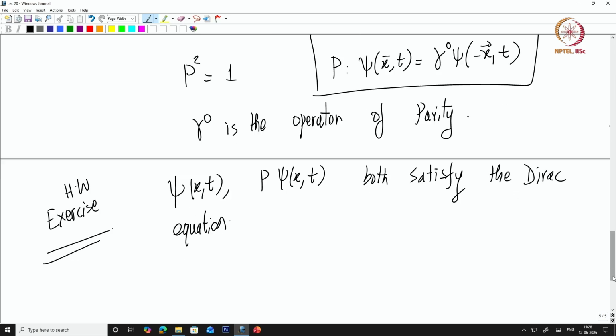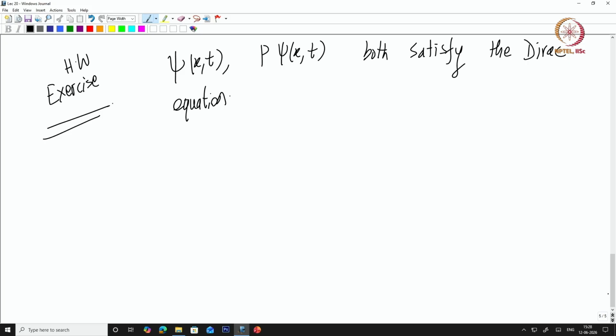Now, if you have this bilinear covariance, you see that under parity, P acting on psi bar psi of x, t goes to psi bar psi of minus x, t. So, for the scalar nothing changes.